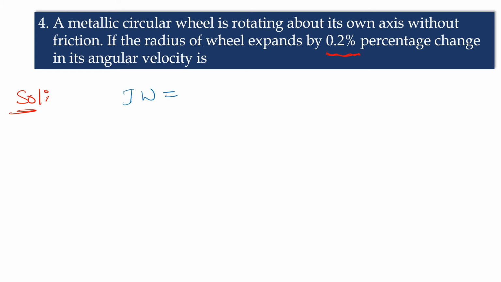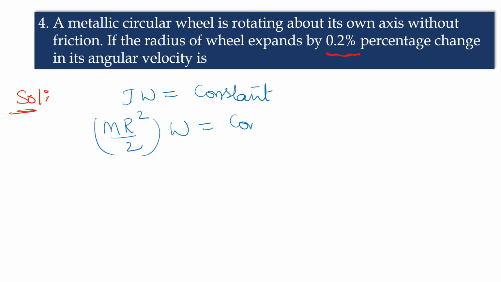I omega is equals to constant. I nothing but m r square by 2, omega is equals to constant. So from this we are writing r square omega is also equal to constant.